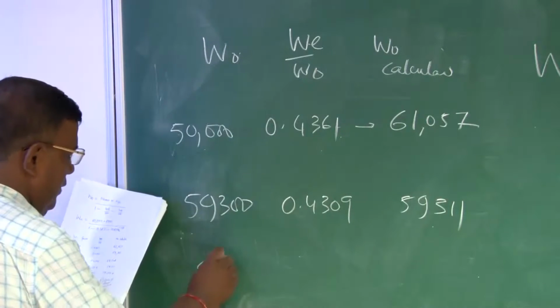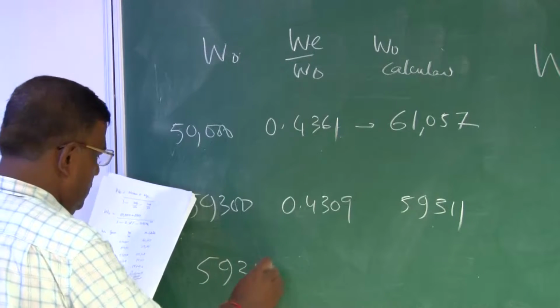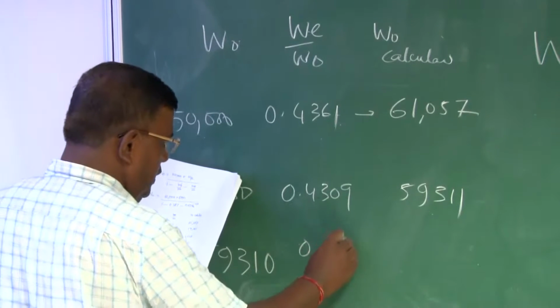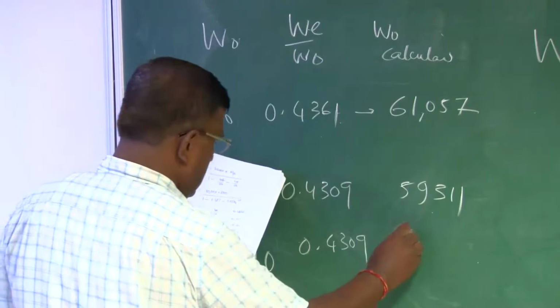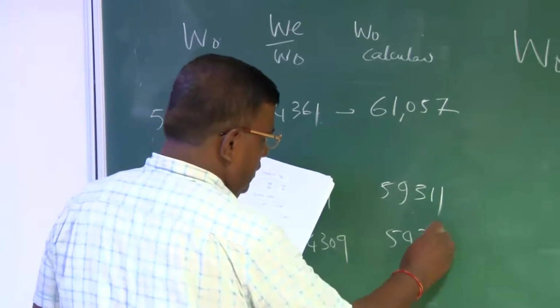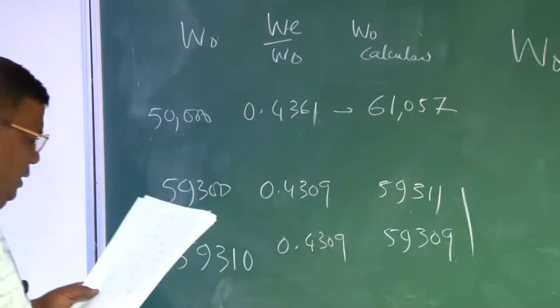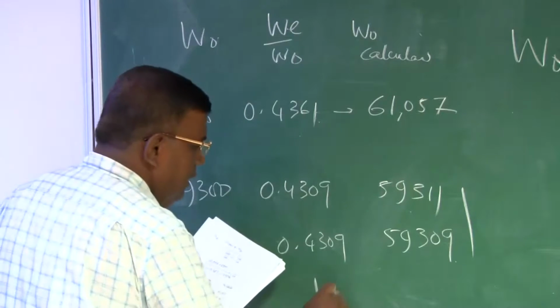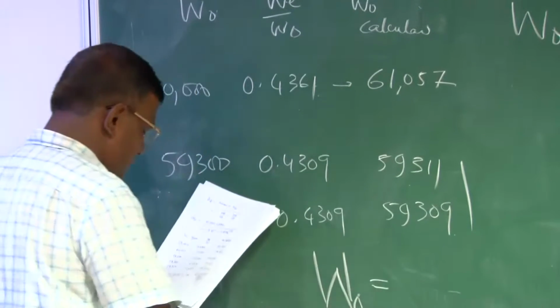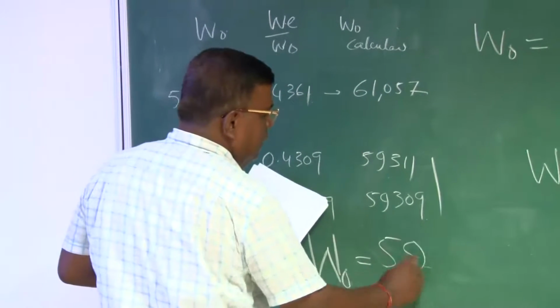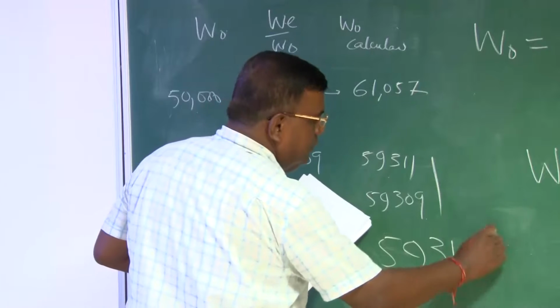And if you have 59310, this value is 0.4309, and this is 59309. So it is almost converging. So you say, okay, W naught initial I can start with as 59310 pounds.